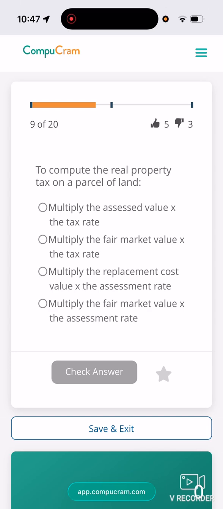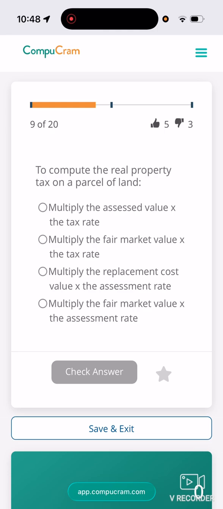To compute the real property tax on a parcel of land: A, multiply the assessed value times the tax rate. B, multiply the fair market value times the tax rate. C, multiply the replacement cost value times the assessment rate. And D, multiply the fair market value times the assessment rate.